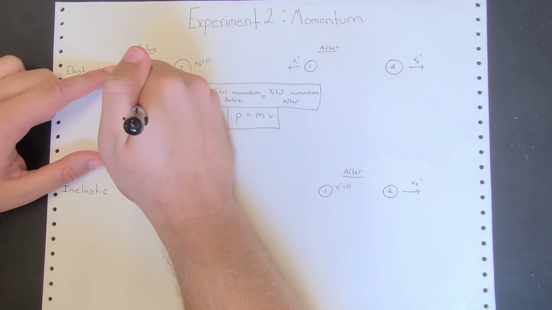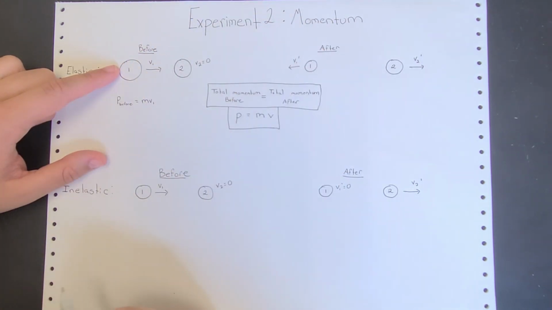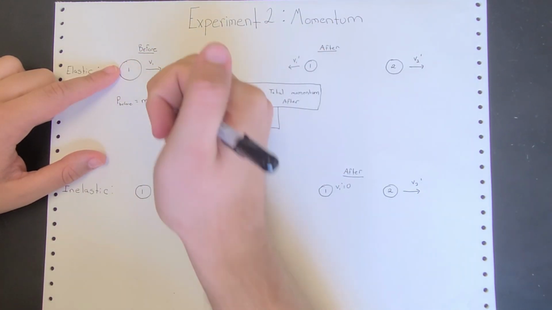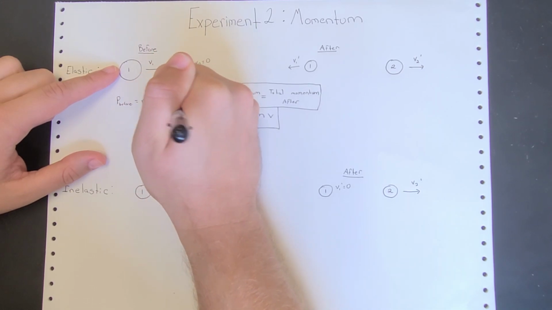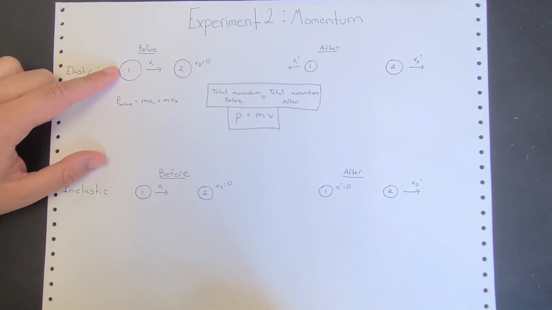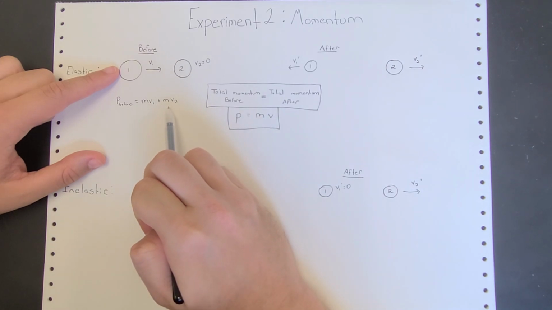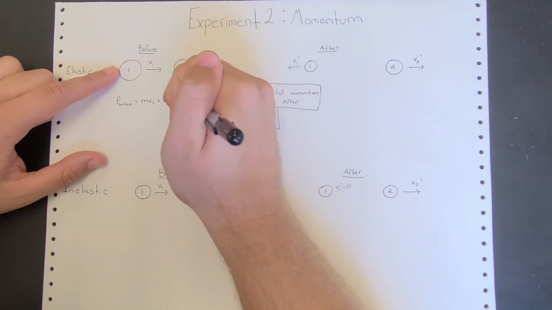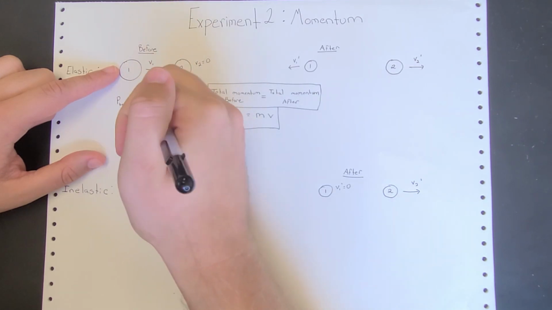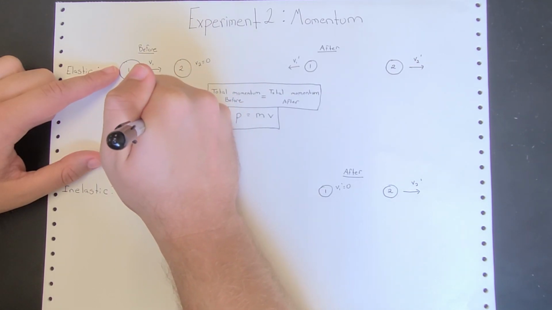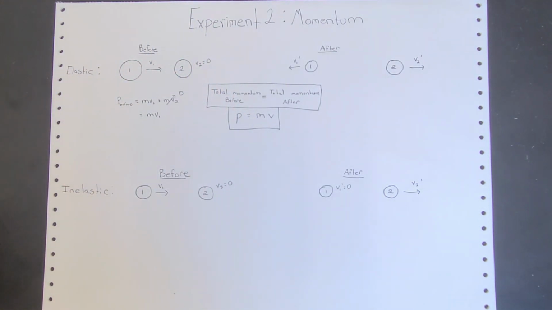So we can write it down as m v1, the momentum of the first object, plus m v2. Well, we know v2 is 0, so this whole term is 0, and we can ignore that. So the total momentum before is just equal to m v1.